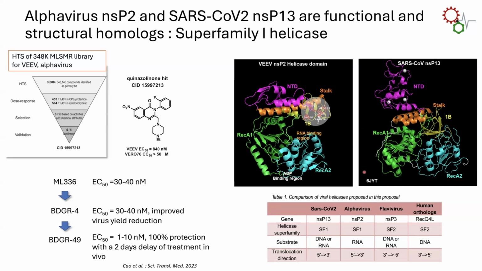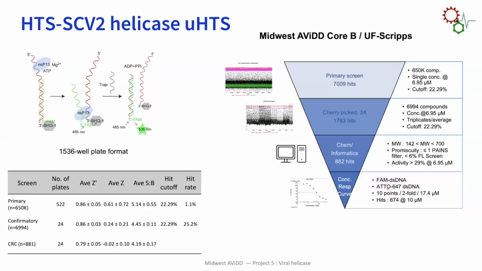Not only SARS-CoV-2, we also found that other RNA viruses encode their own viral helicase for the purpose of unwinding their genomic and subgenomic RNA. In this case, SARS-CoV-2 and alphavirus are both superfamily 1 helicases. Their translocation direction is 5' to 3', but the superfamily 2 helicases, in flaviviruses, have the opposite orientation. So it gives us a starting point for how we start this.